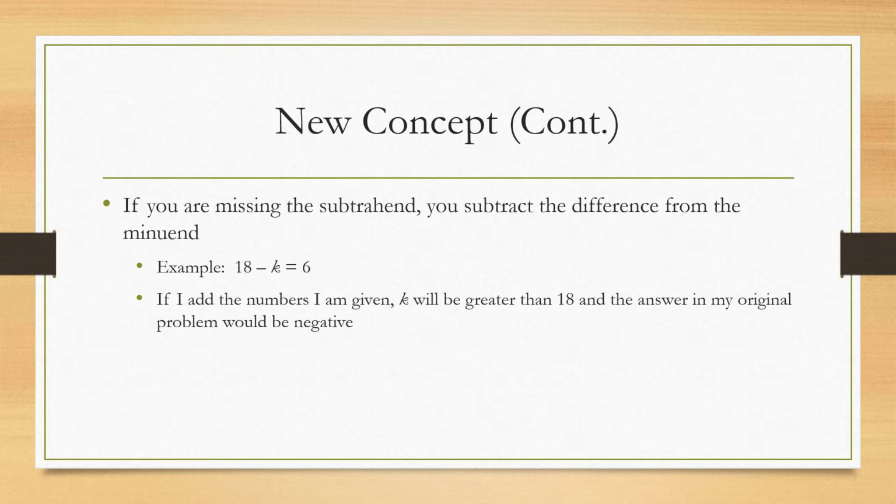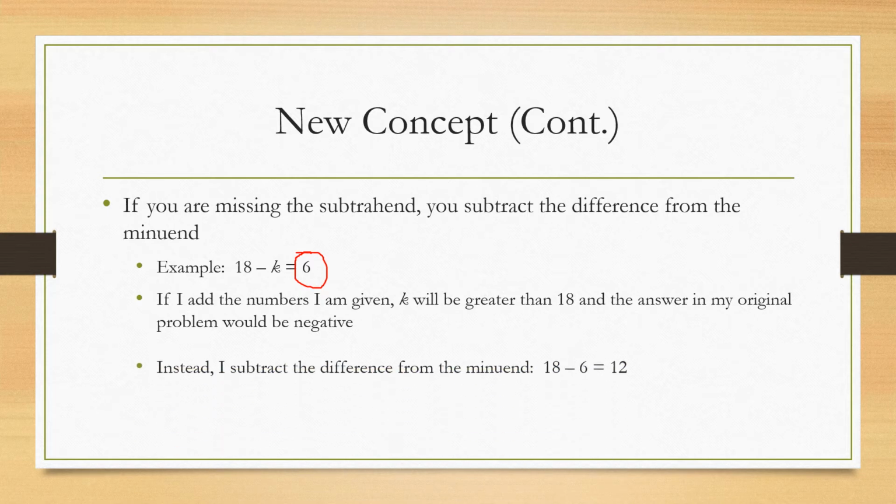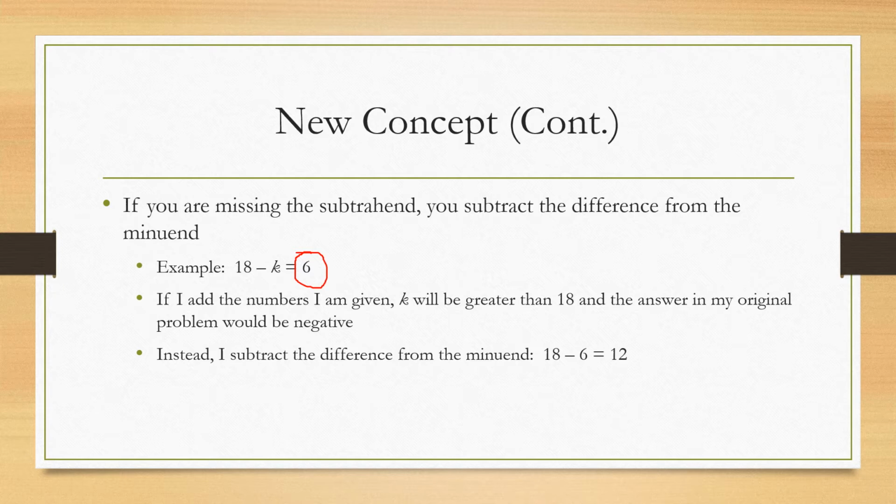If we were to add 18 and 6, k would be bigger than 18, and that would not work, because then our difference in the original problem would be negative, and you can see here that that is not a negative number, so it cannot be that way. That's why we need to subtract. So we subtract the difference from the minuend. 18 minus 6 equals 12. We put 12 in for k to check, and 18 minus 12 does equal 6.